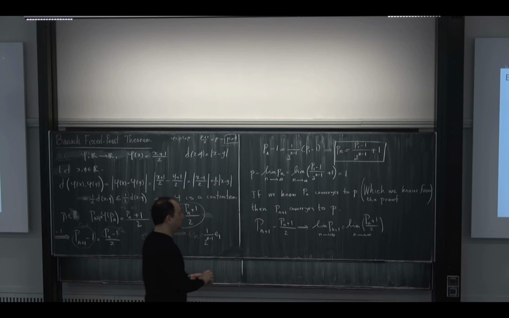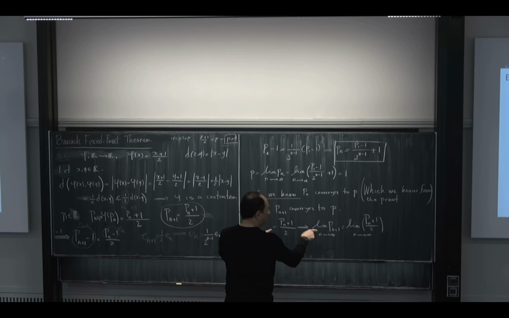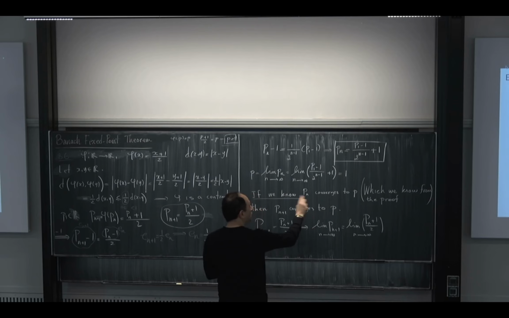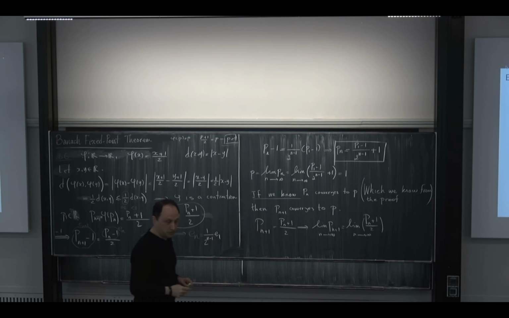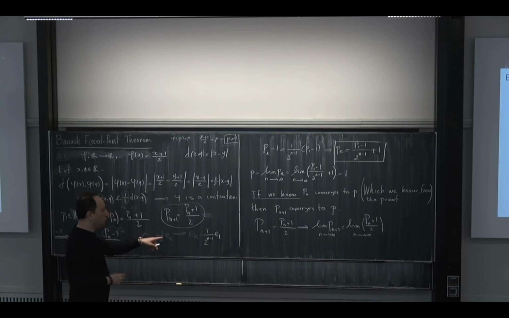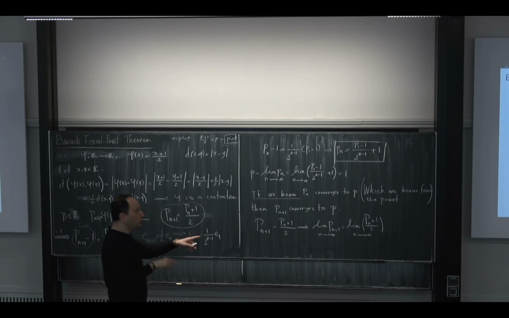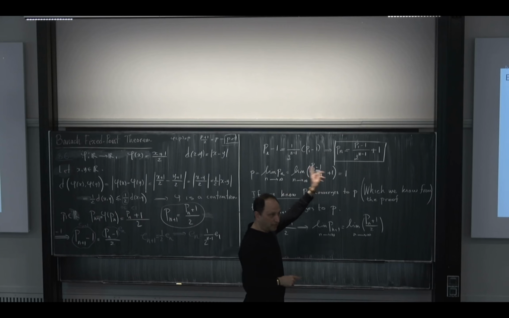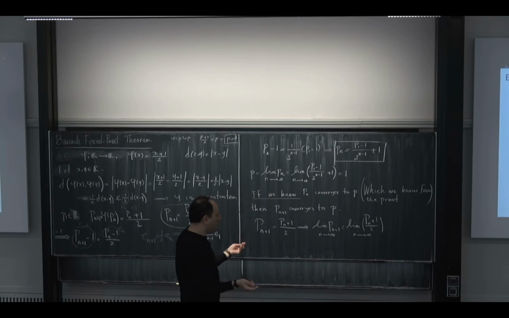Okay, so let me underline this. This technique only works if we already know my sequence converges. This technique works all the time. I proved it is convergent and its limit is 1, because I calculated the limit. Here, I'm not calculating the limit.